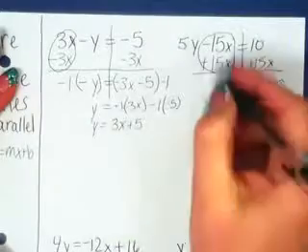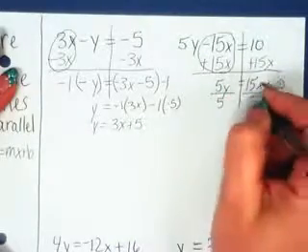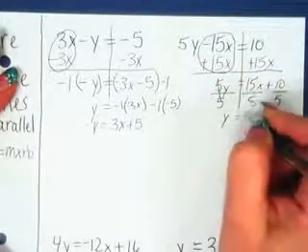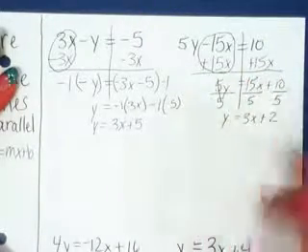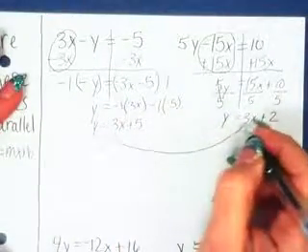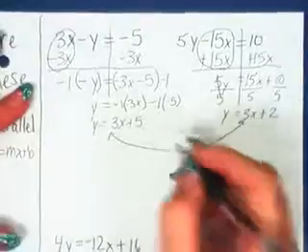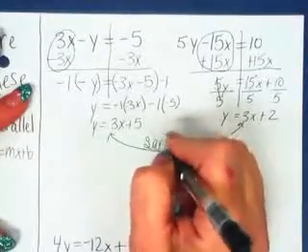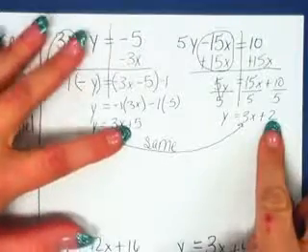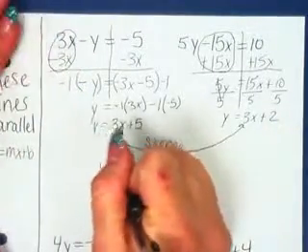It's 5 times y, so the opposite would be division. Here we get y equals 3x plus 2. Now, in order for it to be parallel, the slope has to be the same, and yes it is. And the y-intercepts have to be different, and they are different. So yes, this is a set of parallel lines.